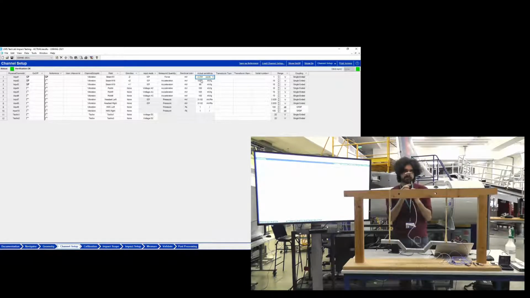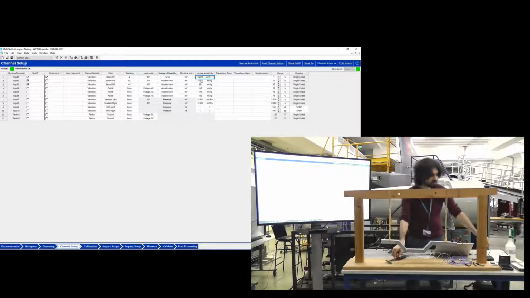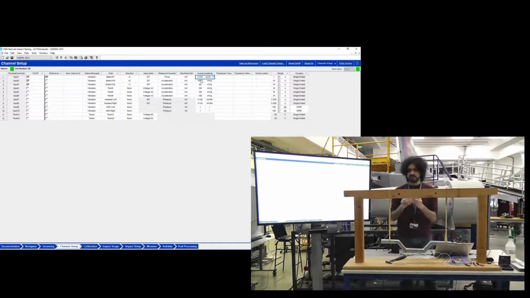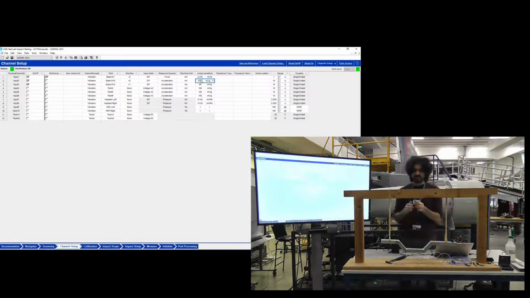Every instrument comes with a set of data sheets or data cards, and on these data cards you'll find the sensitivity of the instrument. I can read here the calibration data card for the accelerometer. For the z-axis of the accelerometer, so channel 2, I have 102.7 millivolts per G of sensitivity.